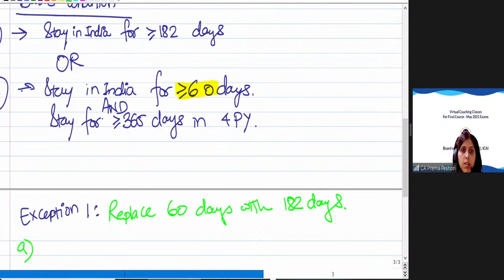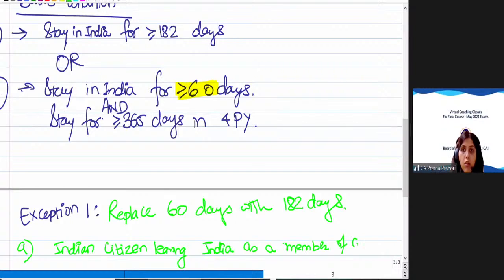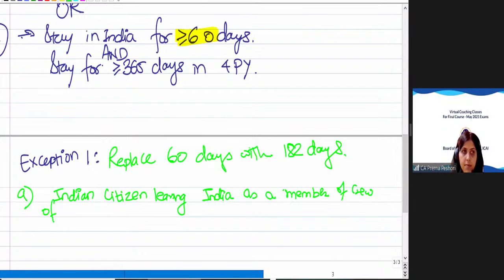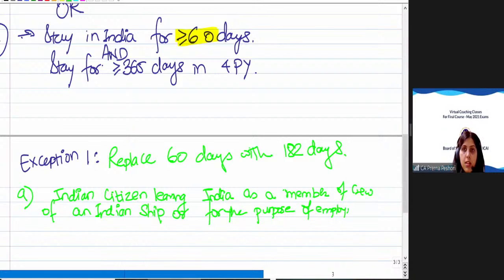For an Indian citizen leaving India as a member of crew of an Indian ship or for the purpose of employment outside India.